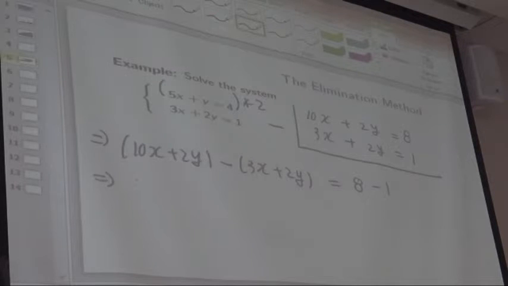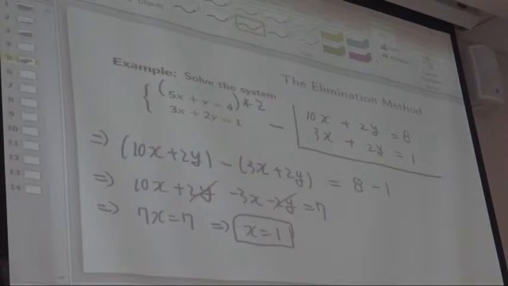When you simplify this, we have 10x plus 2y minus 3x minus 2y is equal to 7. We have the 2y and 2y, we can cancel them. We have a 10x and a 3x, which is 7x, is equal to 7. So we get x as 1.